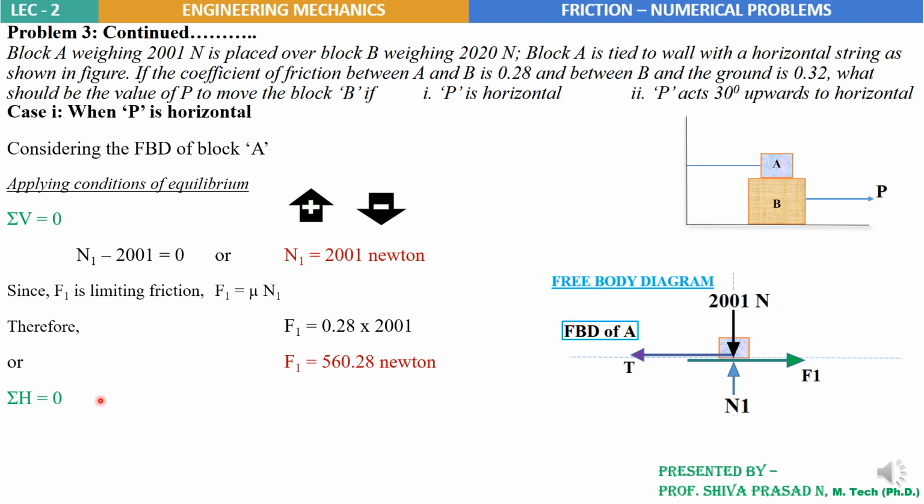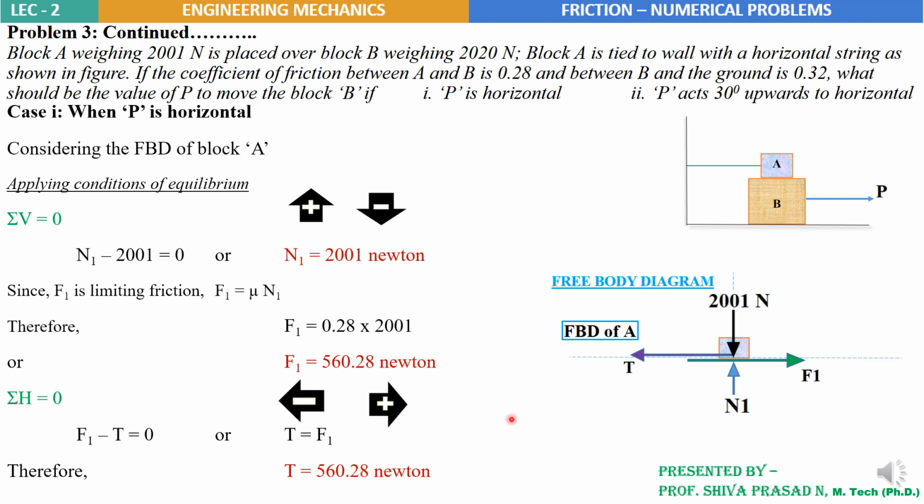The sign convention would be left side negative and right side positive. Which are all the forces? Right side F1 plus and left side T minus, T minus F1 equal to 0, or T is equal to F1. F1 we have found already. So the value of T is equal to 560.28 Newton.